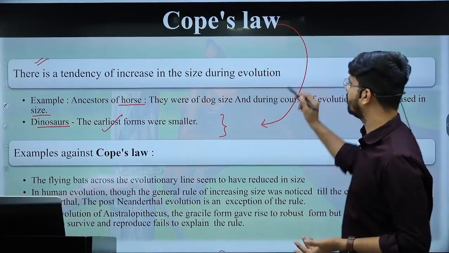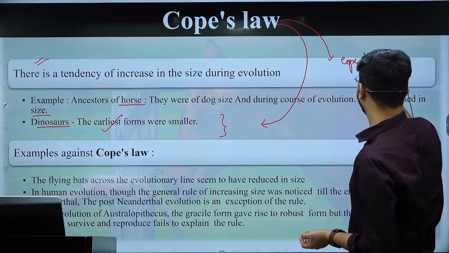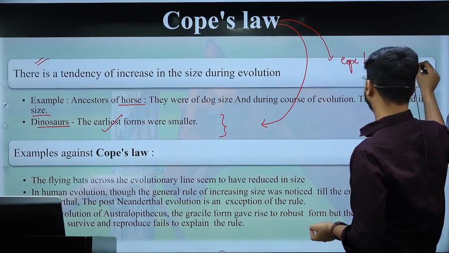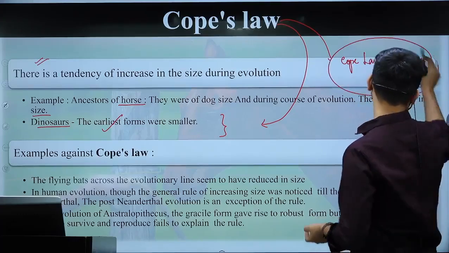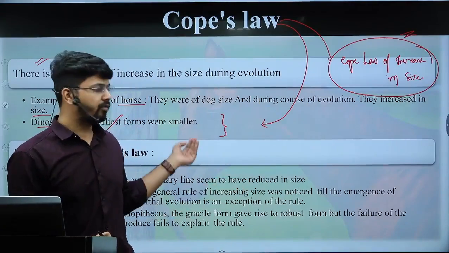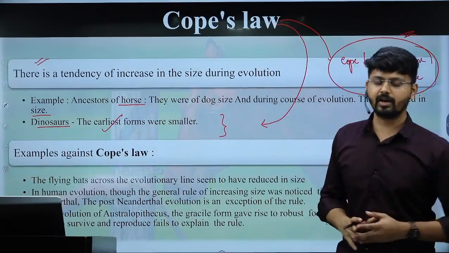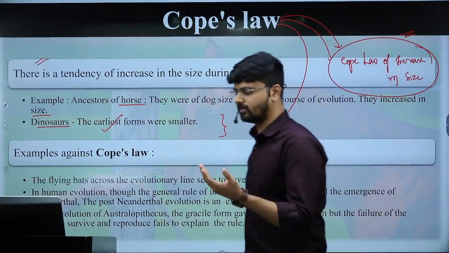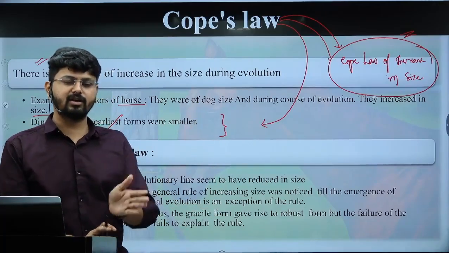You should remember Cope's law of increase in size. If you remember it this way, you don't get confused between the various terms that you are going to learn. You may think you can remember it just by understanding it, but if you remember Cope's law of increase in size from the topic itself, then whenever they give Cope's law, you know it is regarding increase in size.